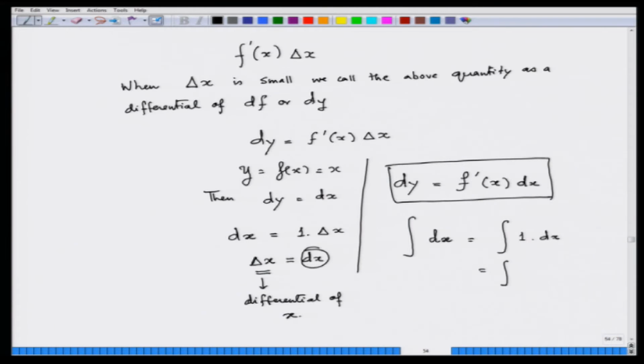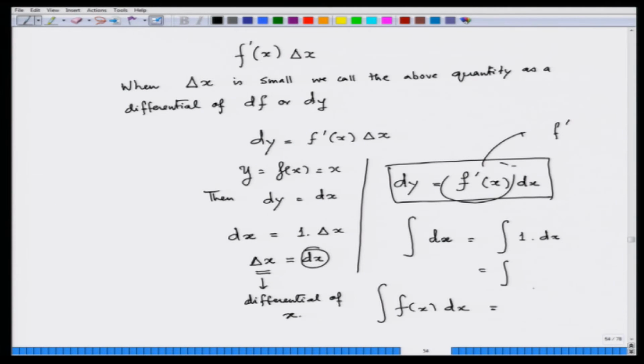This function f dash x is the derivative of f of x here. So when you take the derivative of f it becomes f dash x. Similarly here also, if I write the integral of f x dx.